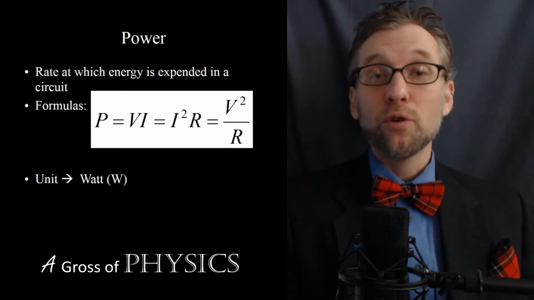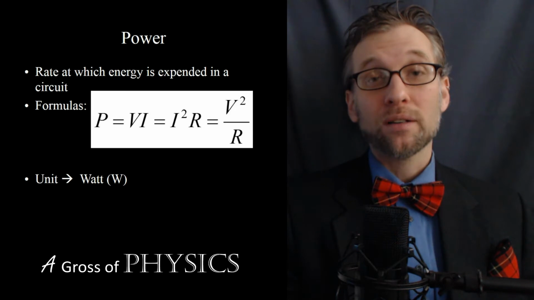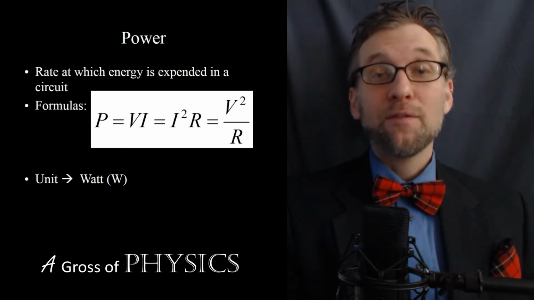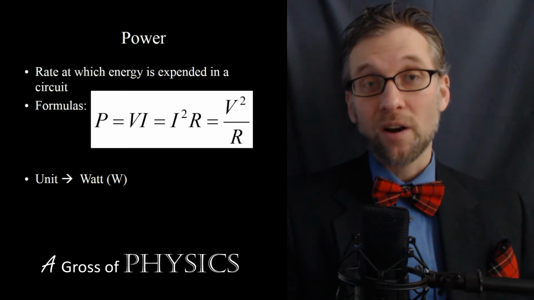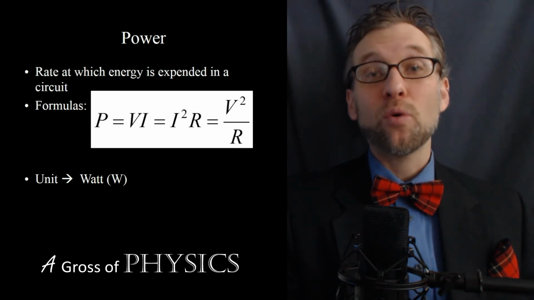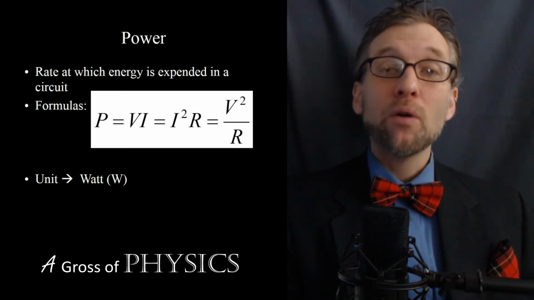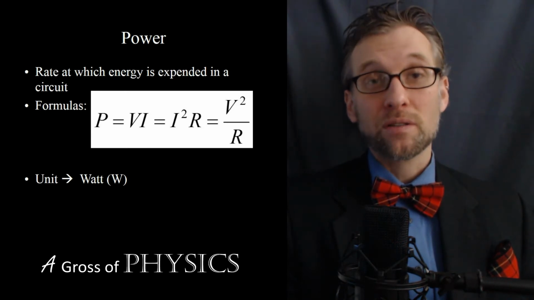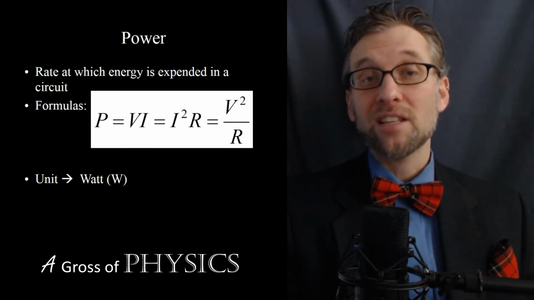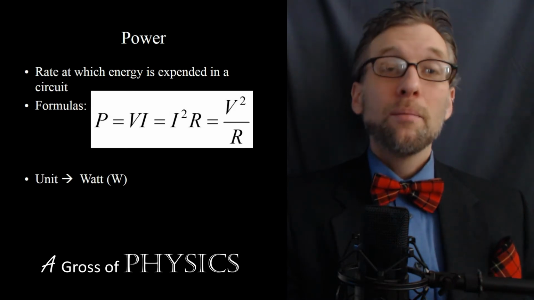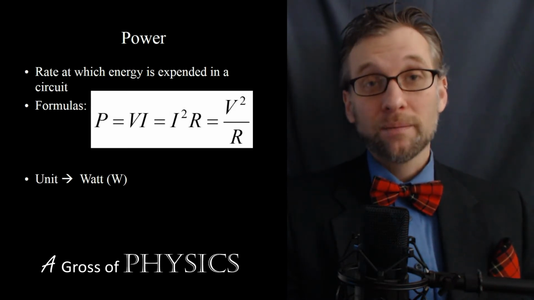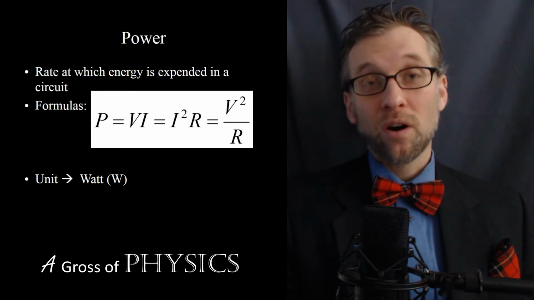But what you end up getting if you remove the voltage is P equals I squared times R. Subsequently, if you don't have the current, you can replace that in the circuit using V equals IR, and you end up getting V squared over R. So the power equation has 3 versions. P equals VI is the first, and that's the standard version. It's just the simple 3-variable equation. P equals I squared times R, and P equals V squared over R.